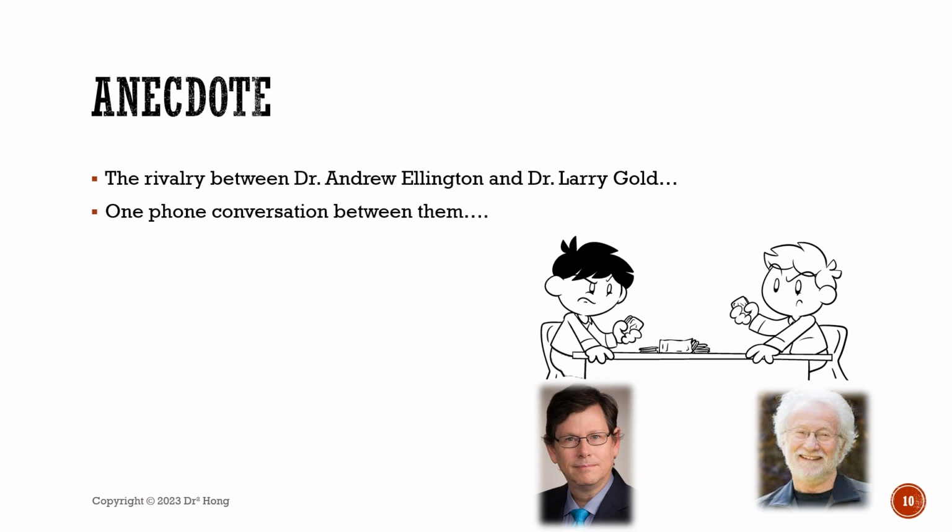So notice that two separate groups of scientists were developing the same process and generating similar molecules. So clearly there was a rivalry between Dr. Andrew Ellington and Dr. Larry Gold, over the development and commercialization of aptamers.